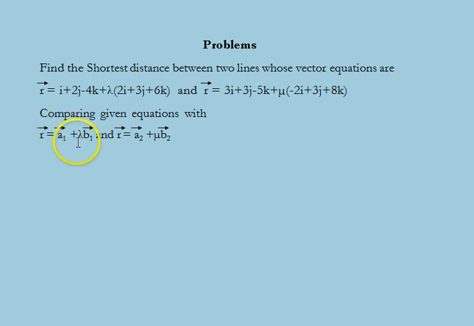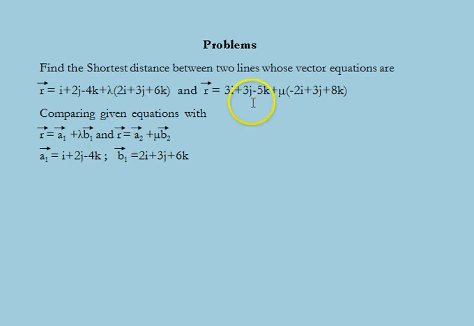Now comparing these given equations with the equations that we have discussed earlier in this lecture, where position vector r is equal to a1 plus lambda b1 and position vector for another line is equal to a2 plus mu b2, where lambda and mu are real numbers, we have the value of vector a1 as i plus 2j minus 4k, vector b1 is equal to 2i plus 3j plus 6k.